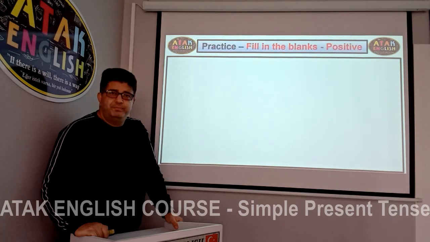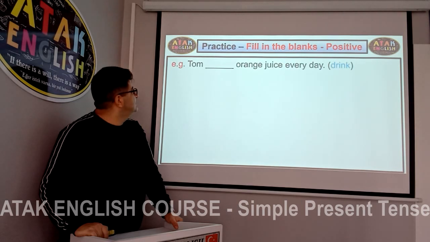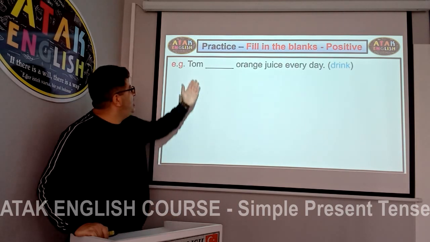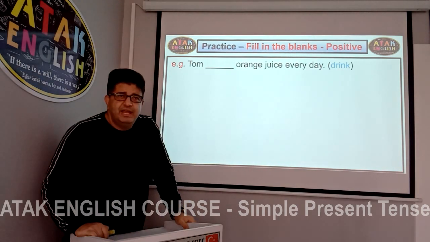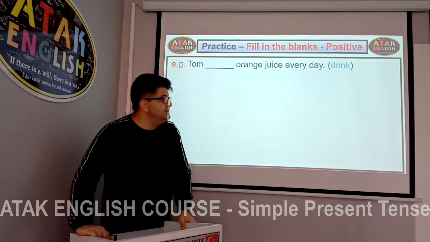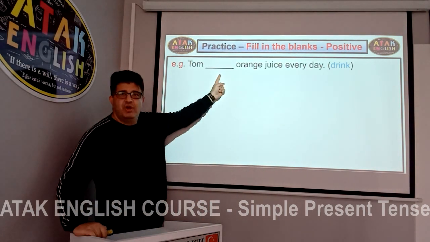Okay, let's do some more practice. Here's the example. Tom, orange juice every day, and our verb is drink. In simple present tense, I know that our verb format is verb 1 or verb base form.